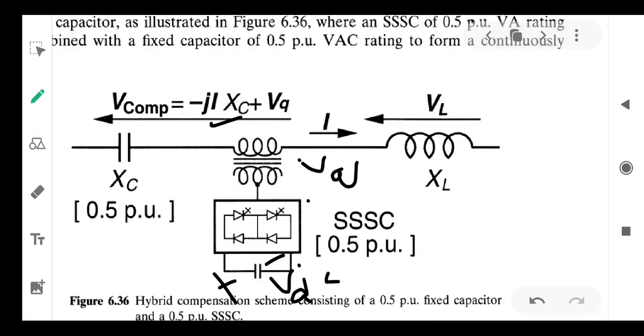VQ can be controlled with the help of the VSC here, with the help of direct voltage control, indirect voltage control, and both the methods. This is the SSC.